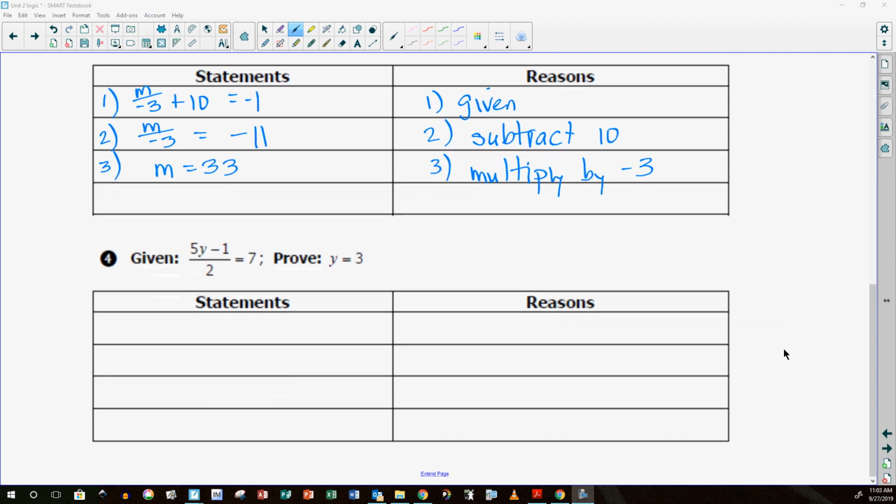All right. Number 4. 5y minus 1 over 2 equals 7 because it is given. So first thing I'm going to do is multiply by 2. So I get 5y minus 1 equals 14.